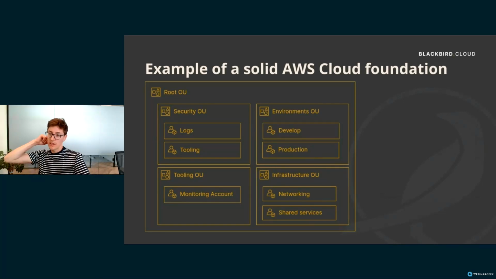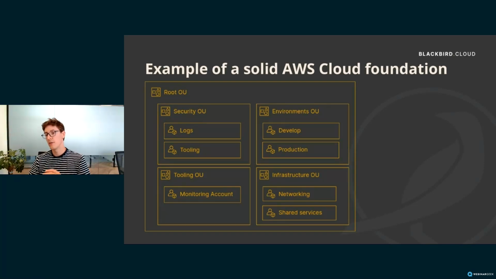Right. So, what does a solid AWS cloud foundation look like? This is a diagram of how an AWS organization would look. This is basically inspired by the prescriptive guidance from the AWS security reference architecture, where you have a number of OUs, like a security OU, where you hold your logs and your security tooling.